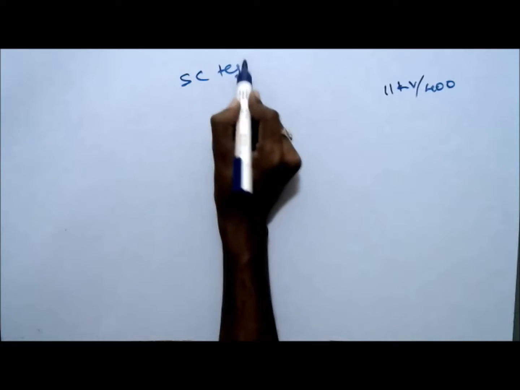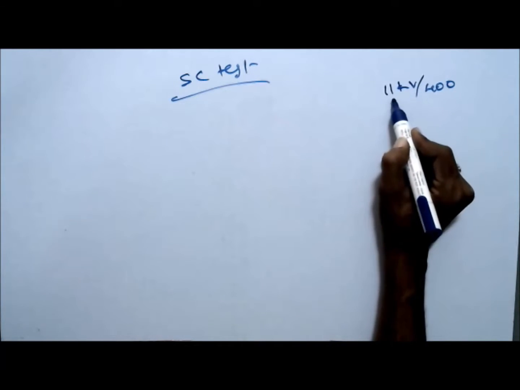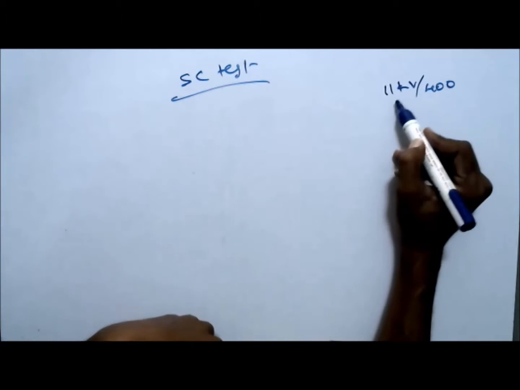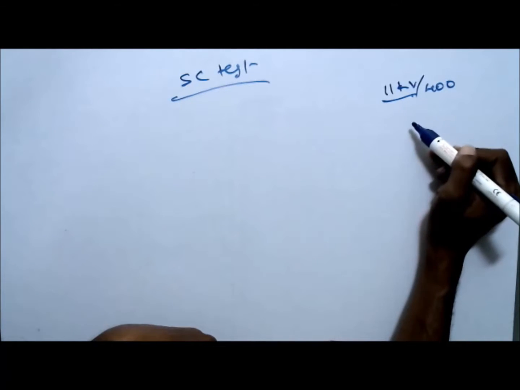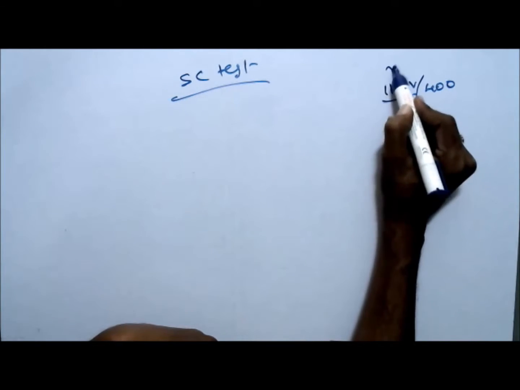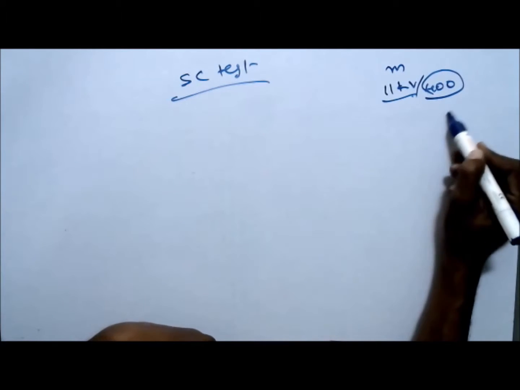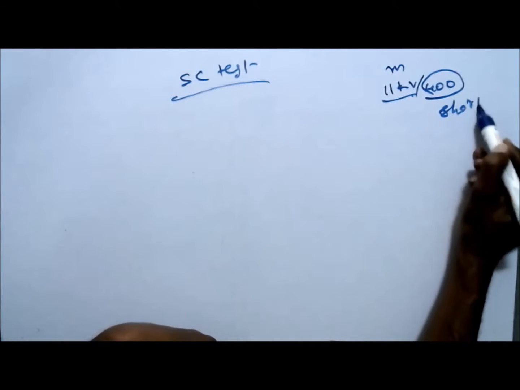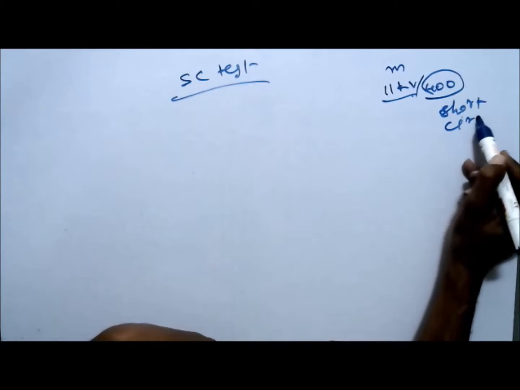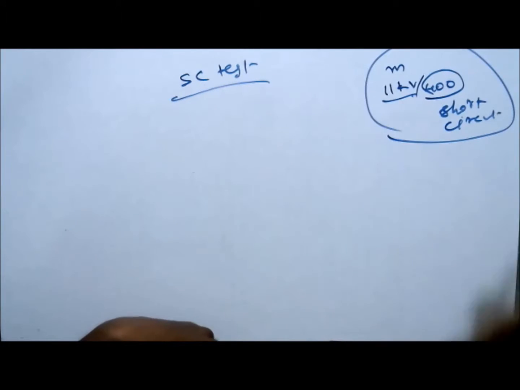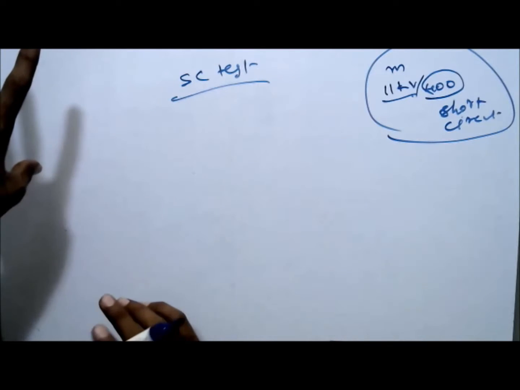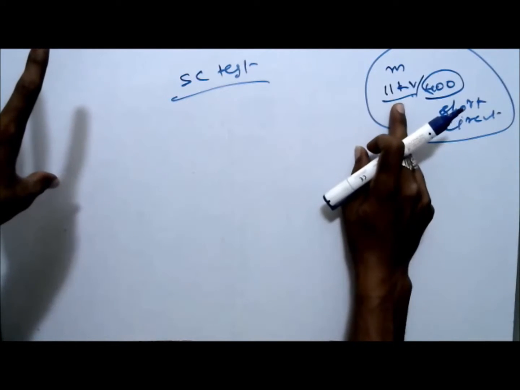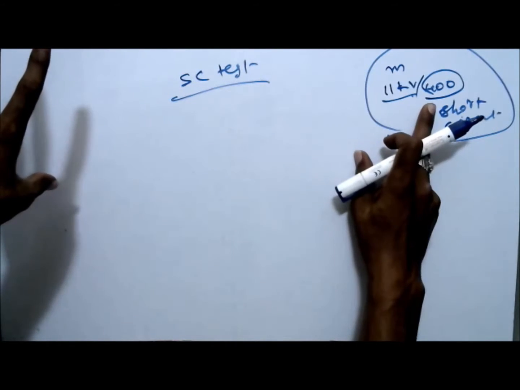Now the SC test is preferred at the high voltage side, and the meters are connected at the HV side, and the low voltage side is short circuited. This is the case of the short circuit test.